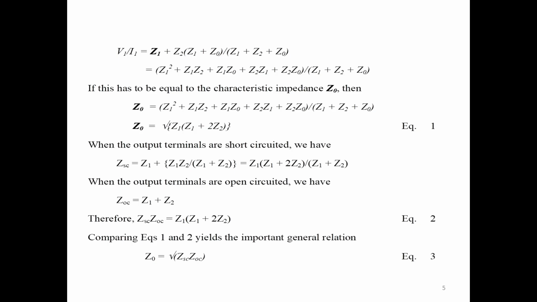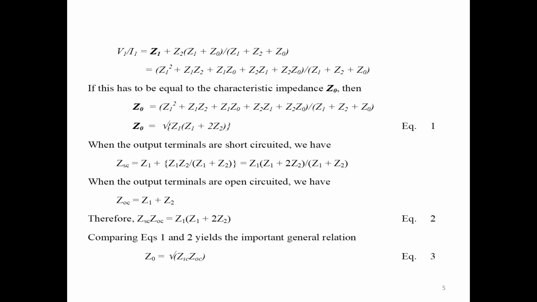And when the output terminals are short-circuited, the Z short circuit will be given as Z1 into Z1 plus 2Z2, all over Z1 plus Z2. When the output terminals are open-circuited, we have that Z open circuit will be equal to Z1 plus Z2.